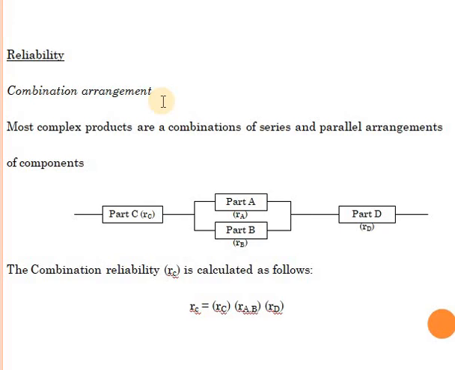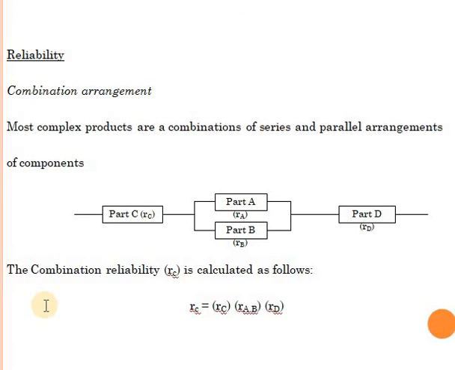If you look here at this example, we have part C, parts A and B, which are arranged in parallel, and part D. The overall system has to be treated as a series, but first we will have to finish the parallel arrangement alone, then the output of this parallel arrangement will be considered in series with part C and part D. So when I have a combination reliability, it will be represented by RC, combination reliability.